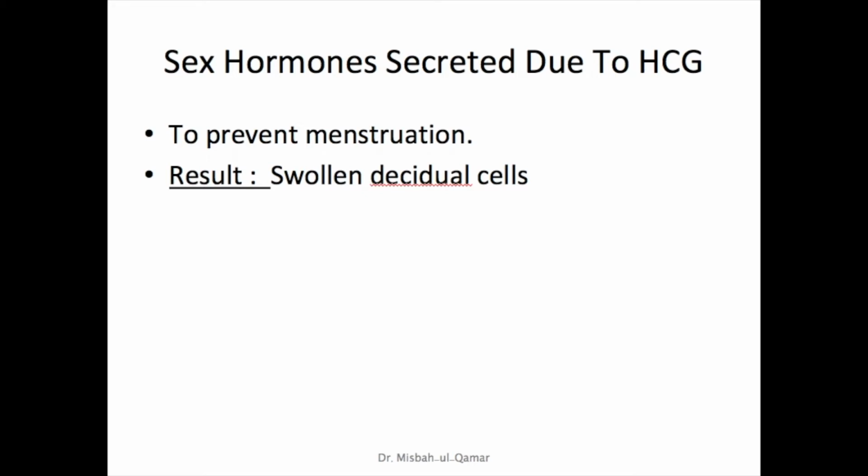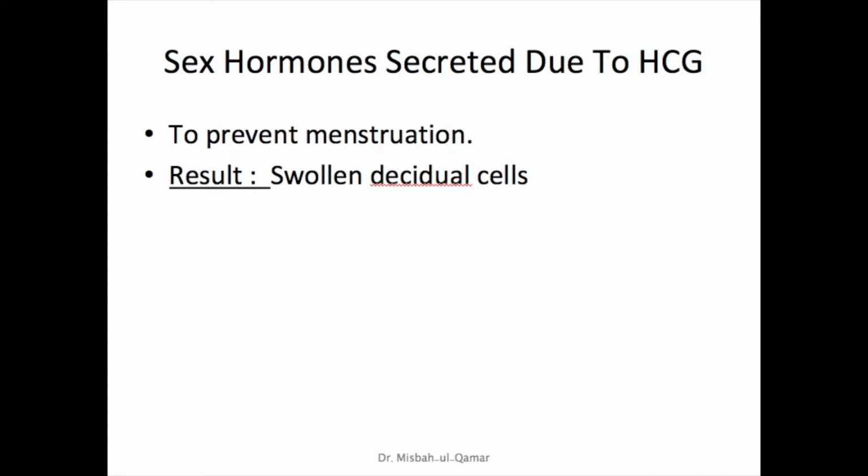Sex hormones secreted due to HCG are progesterone and estrogens, and they prevent menstruation. Plus, they cause the endometrium to continue to grow and store large amounts of nutrients rather than being shed in menstruation.